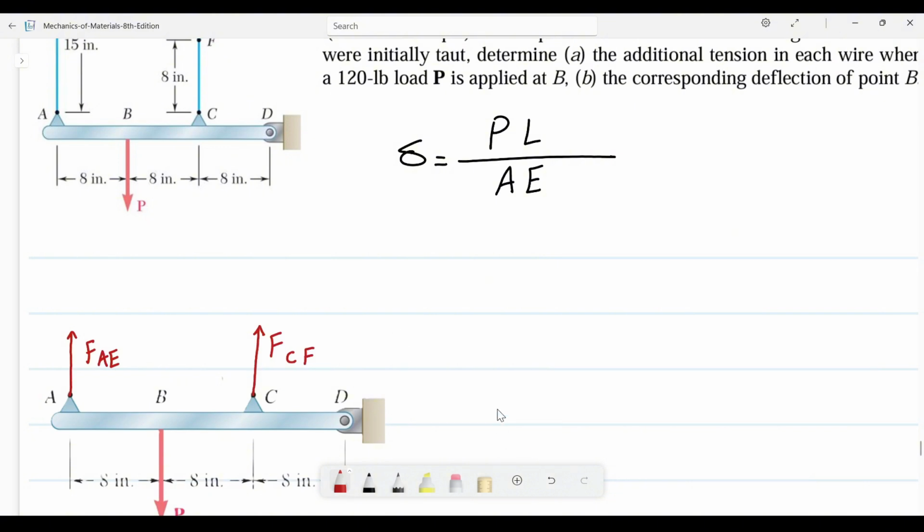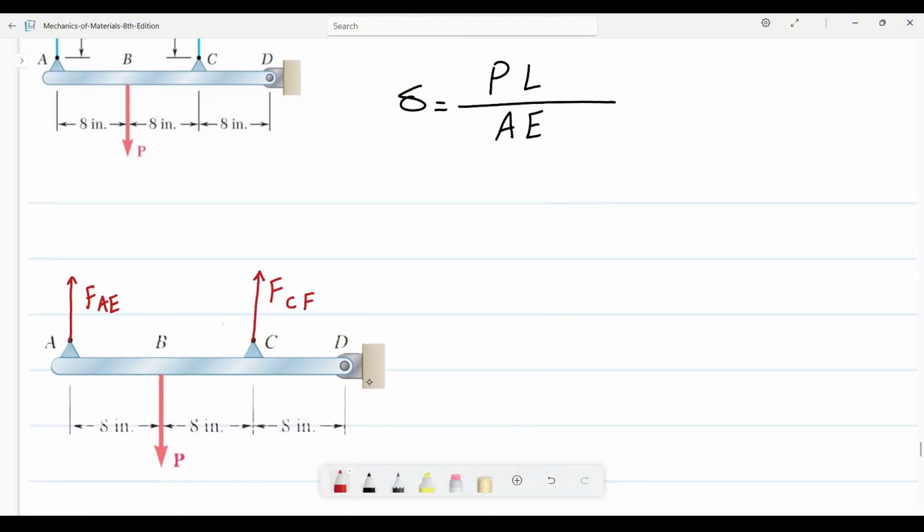Let's write the moment about point D. We have sigma M about D equals 0.